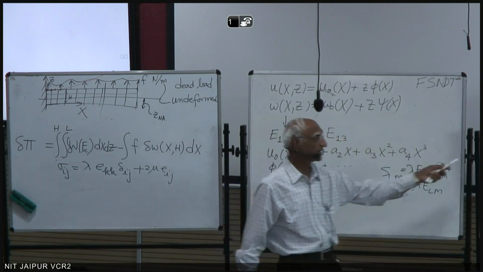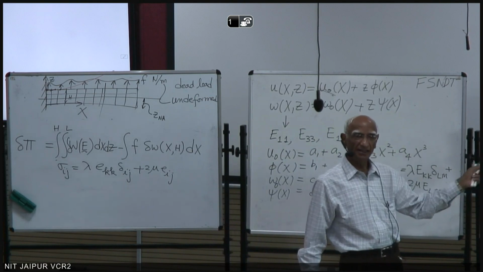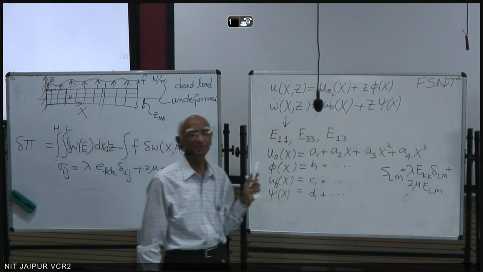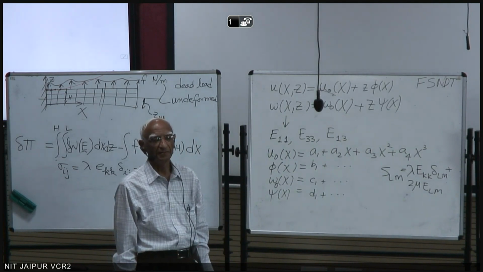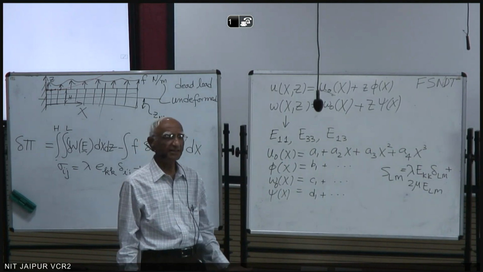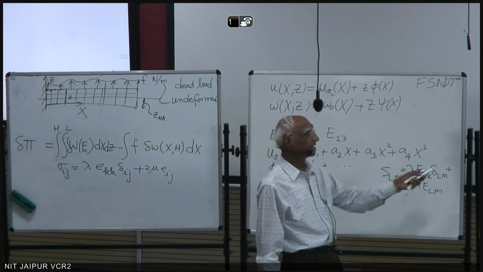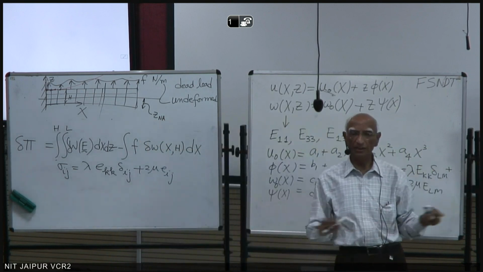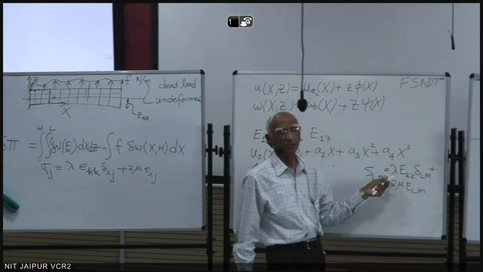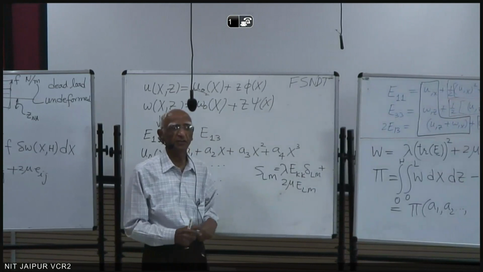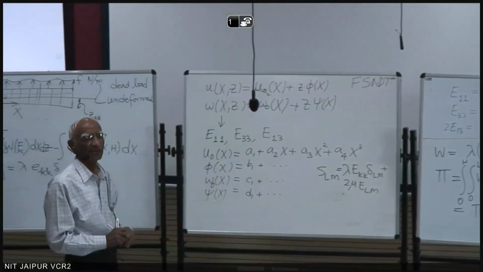If you differentiate this with respect to E, you get this. Does it make sense? If you differentiate stored energy function with respect to E, you will get the right-hand side I wrote here, and that is the second Piola-Kirchhoff stress tensor.